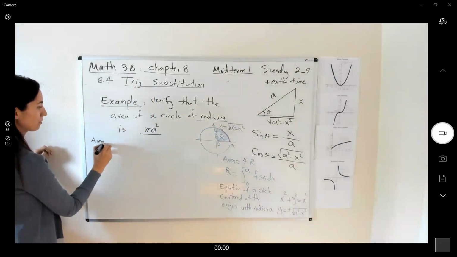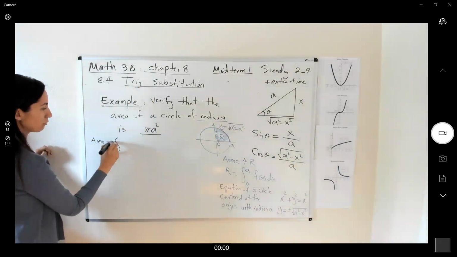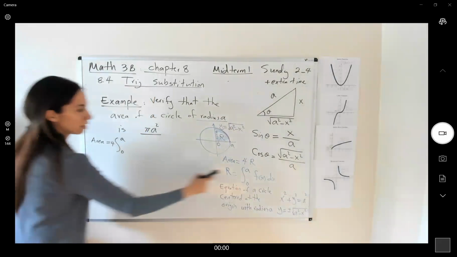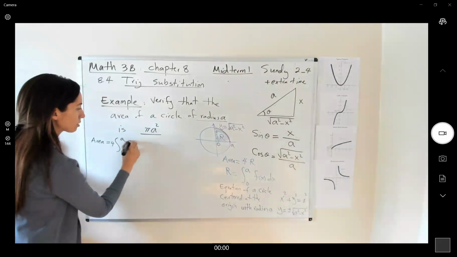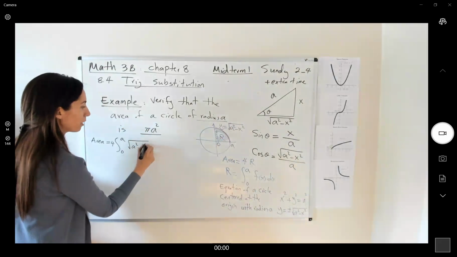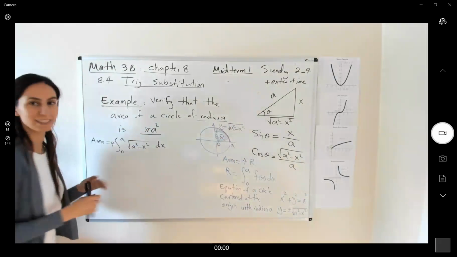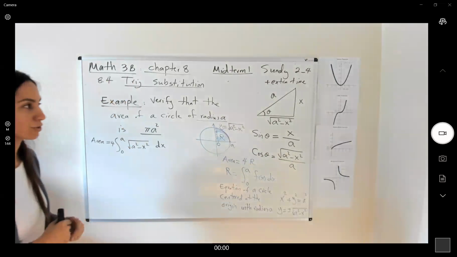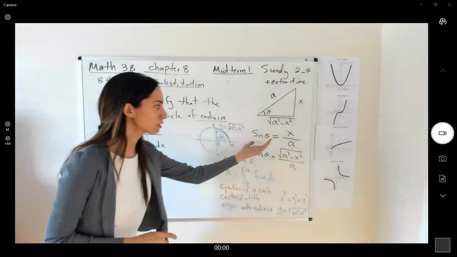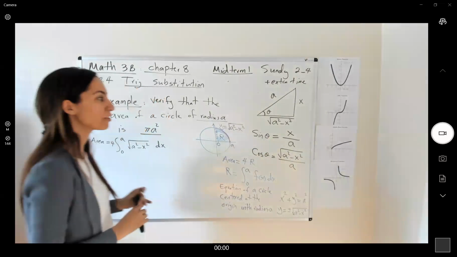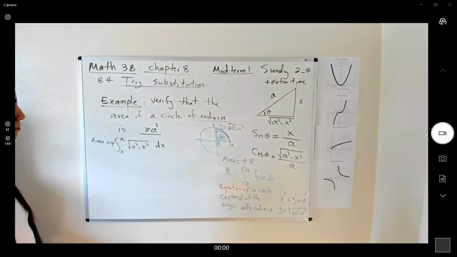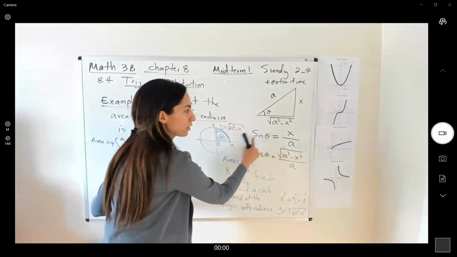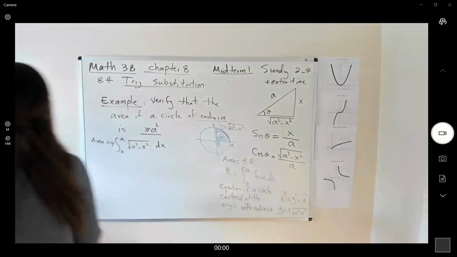Now for the integral. Area is equal to 4 times the integral of f of x, which is your y, the square root of a squared minus x squared, dx. As I mentioned, here you can use the substitution using trigonometric functions. So a times sine theta is equal to your x.